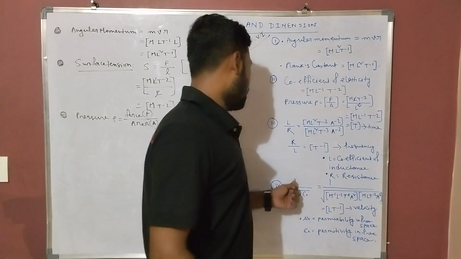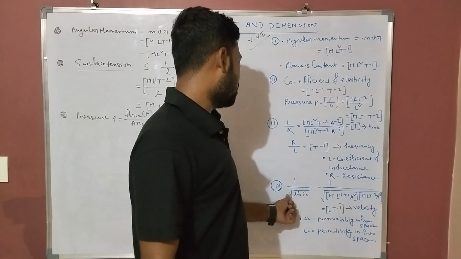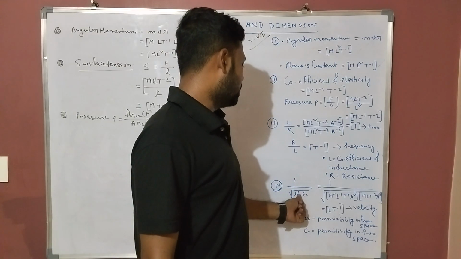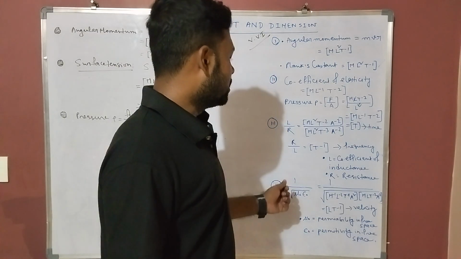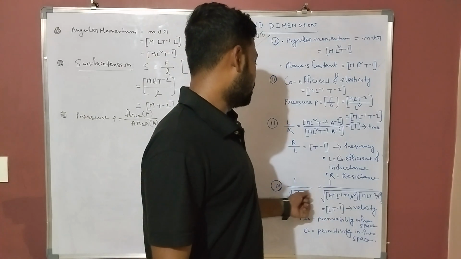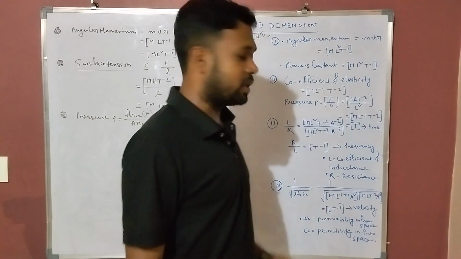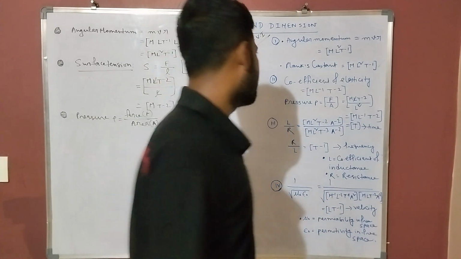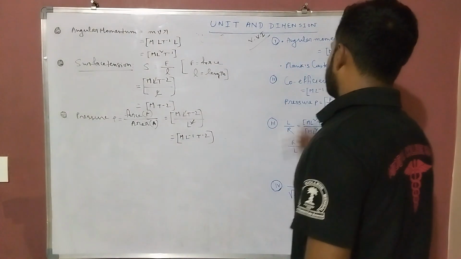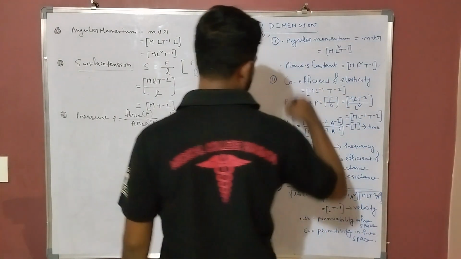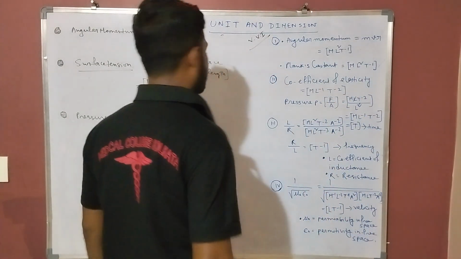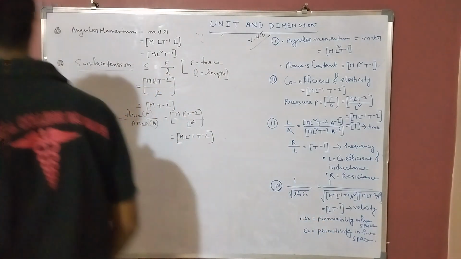Just remember 1 by root over of epsilon naught mu naught is the same as the dimension of velocity. That's why this point is very important. So you have to remember these 4 points. These 4 points have extra significance. That's why you have to remember. Note down.